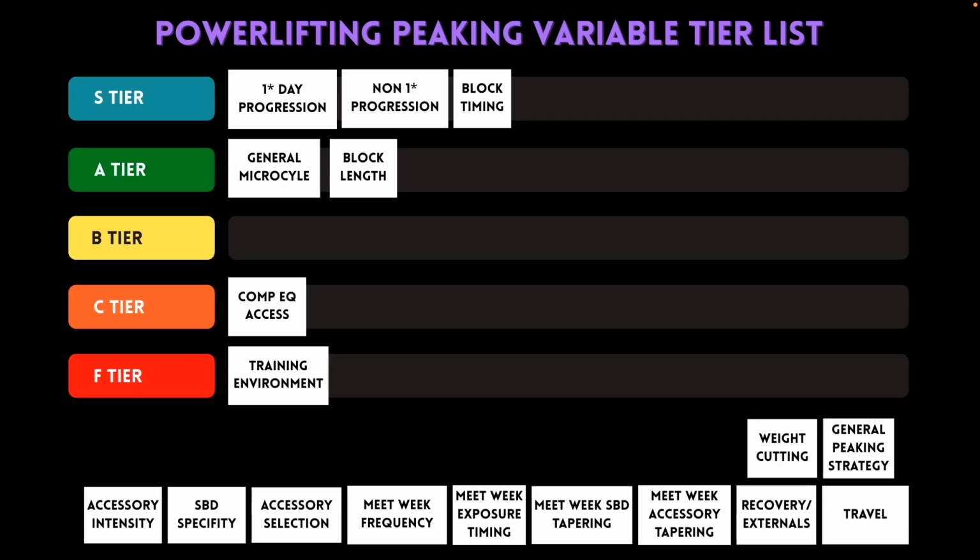All right. Next variable that we'll discuss is weight cutting and weight cutting considerations. This obviously starts to take effect in the last week or so of the prep. Overall, I think this is not something you have to consider at all when it comes to programming.